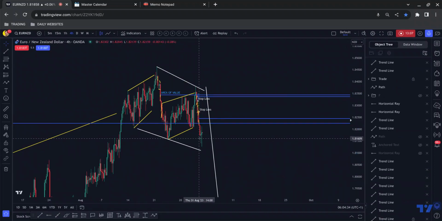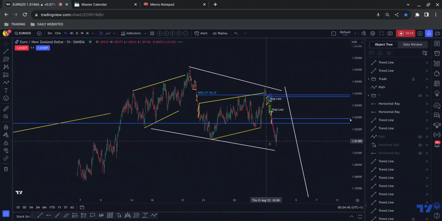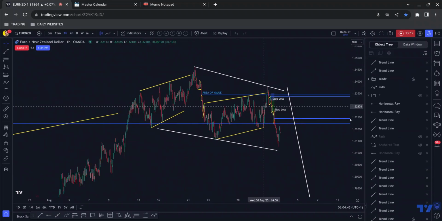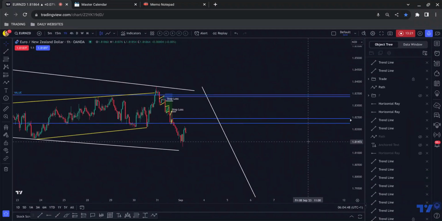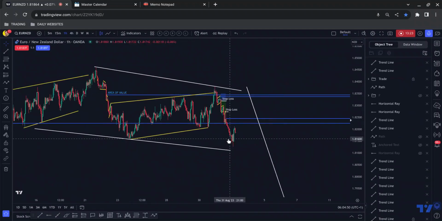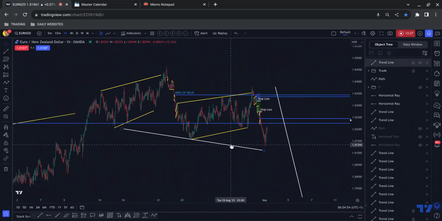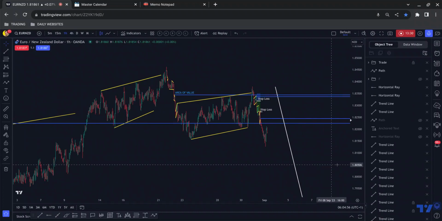So in my opinion, it would be risky if you were trying to get long here, because you could be easily tagged in and tagged out, and then price finds its way down to here before that moves to the upside. So I wouldn't be interested in that either, because I couldn't see how that would be ready by the end of the day. But that is my trade recap on Euro Kiwi.